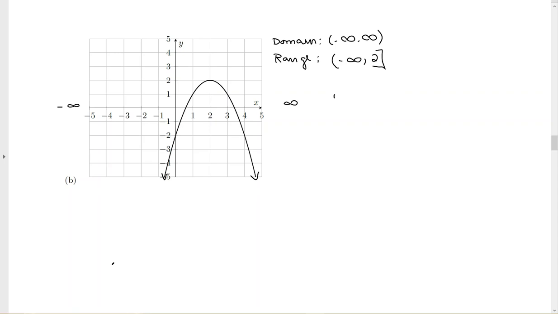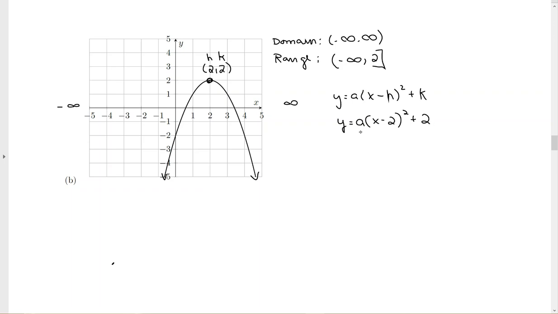All right, so keep that in mind when you give something in interval notation. Next, we go to the equation y equals a times x minus h squared plus k. Here's my vertex. This is the point 2, 2. So there's my h, there's my k. Okay, so we've got x minus 2 squared plus 2.